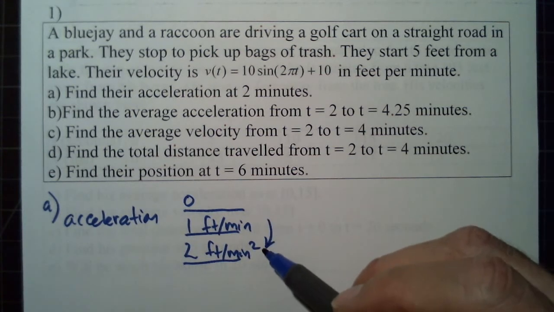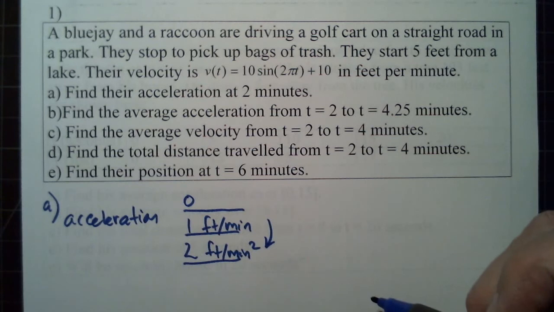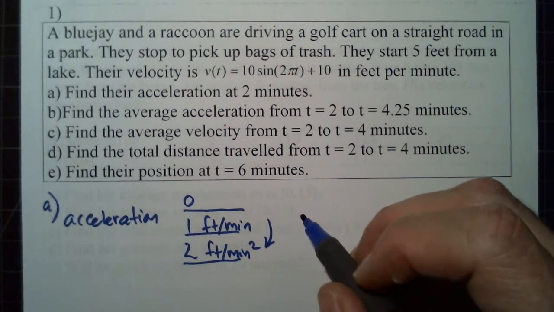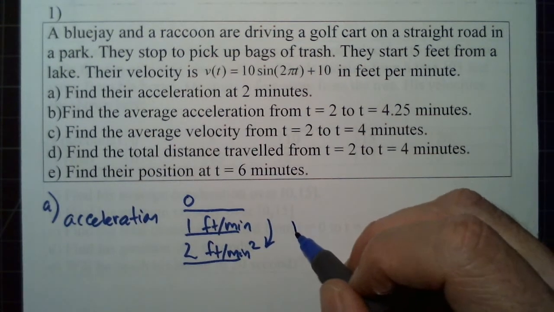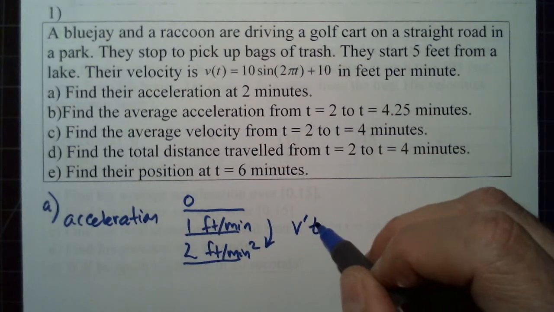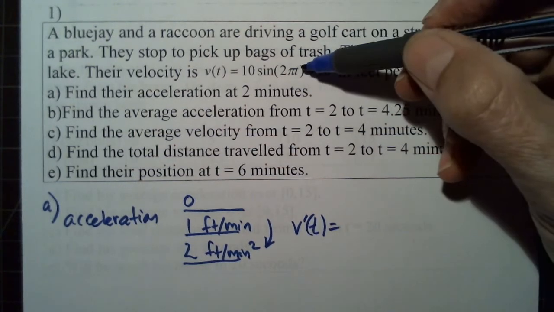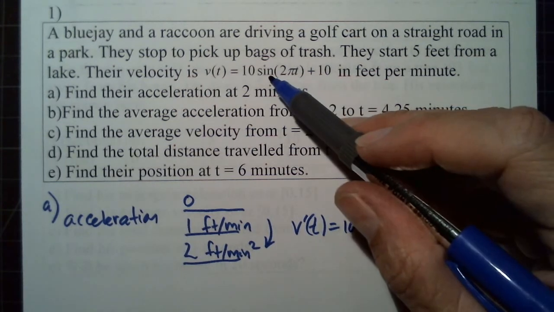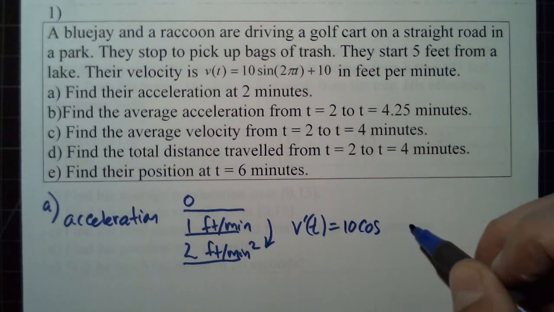If we move down a level, we're finding a slope. So our strategy is just going to be the derivative of velocity, and v prime of this is going to be 10. The derivative of sine is cosine.